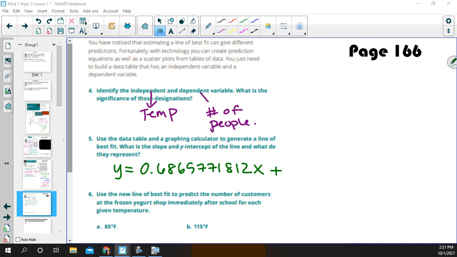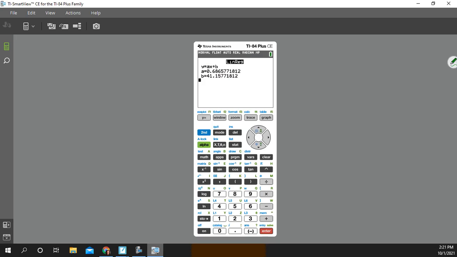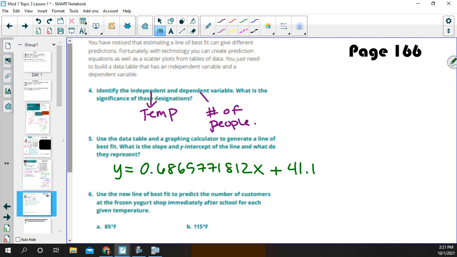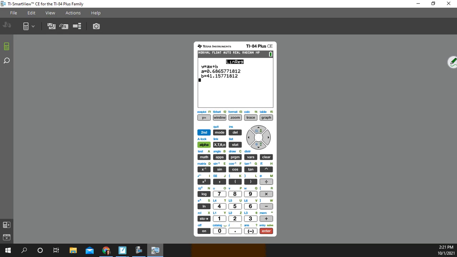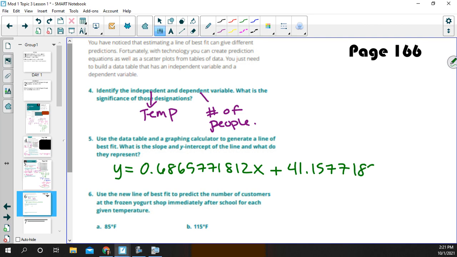Plus, now I'm filling in my B. So I kept my Y and my X generic. So 41.1577182.